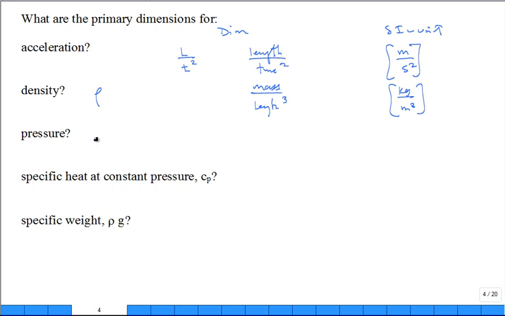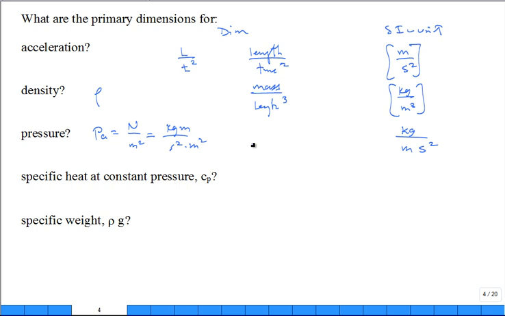Pressure, think Pascal, Newton per meter squared. Keep breaking it down. Newton, kilogram meter per second squared over meter squared. Looks like it's going to be, put it in SI, kilogram divided by meter second squared. You got it? Pretty good.